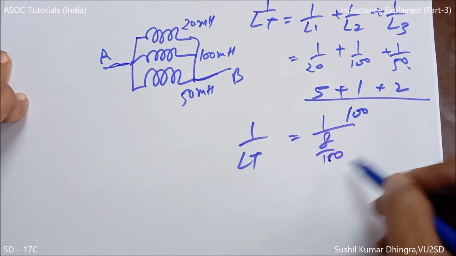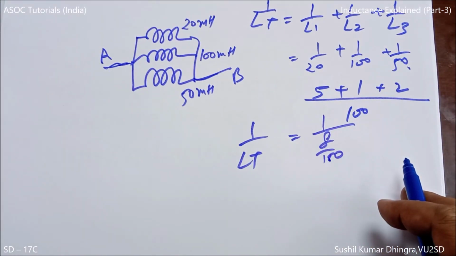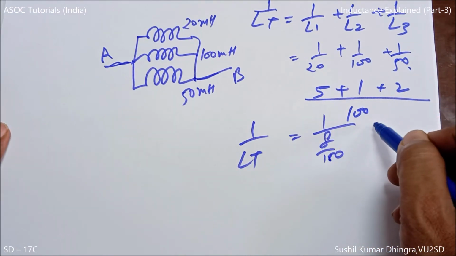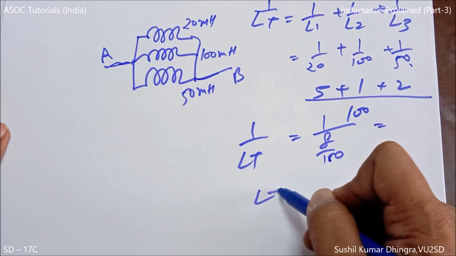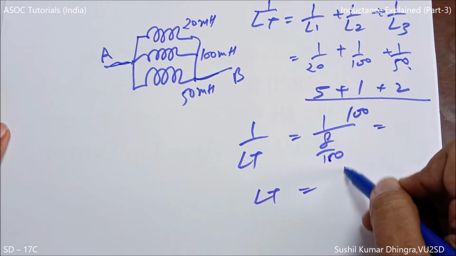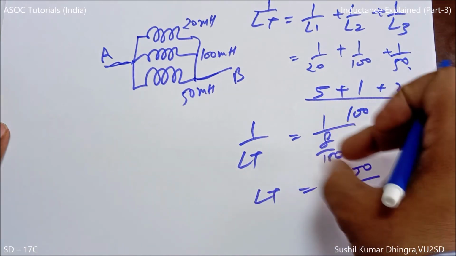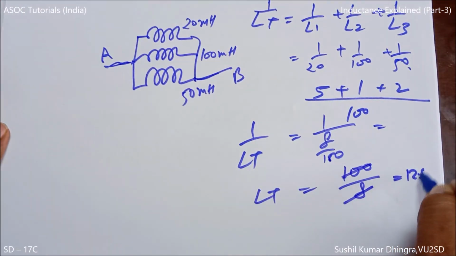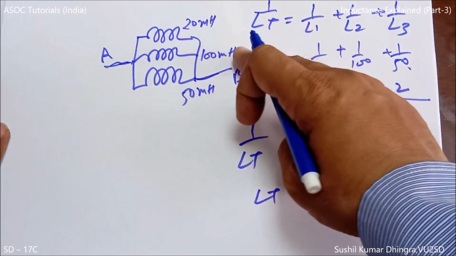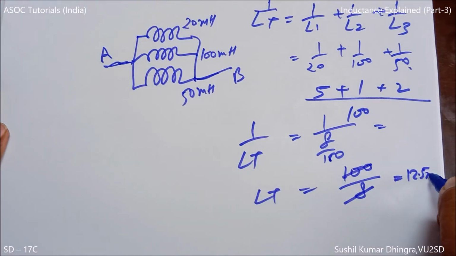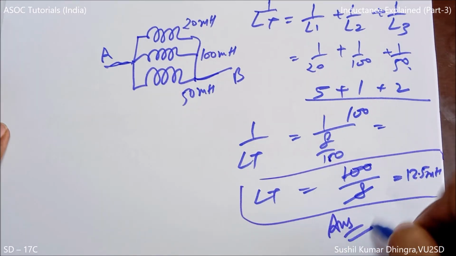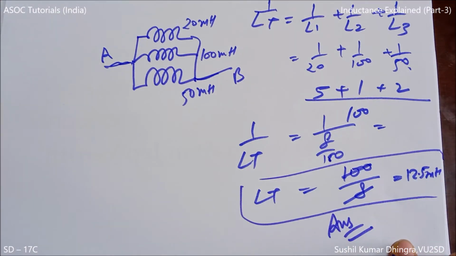Or you can write LT is equal to 100 by 8, reversing it, and when you cut it, it will come to 12.5. This question is in millihenry, so this will also be in millihenry. This is the answer.